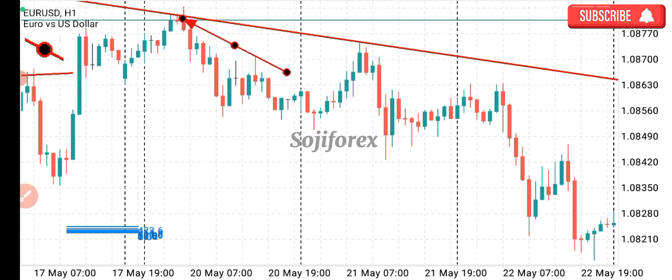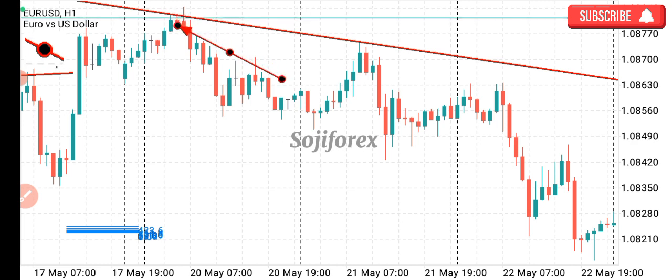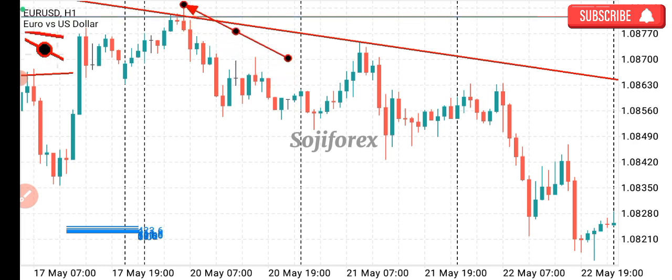Just as you can see here, this is a pin bar, and you can see the formation. The previous one has a little rejection, and then this one also has a second confirmation of this rejection.